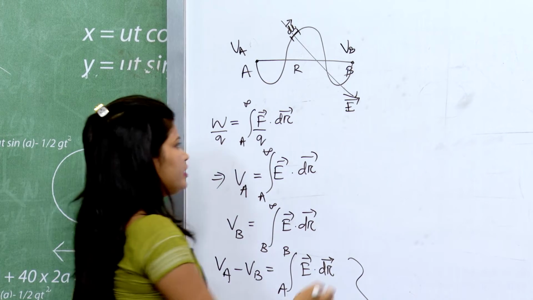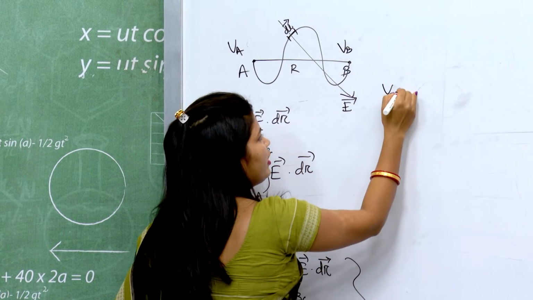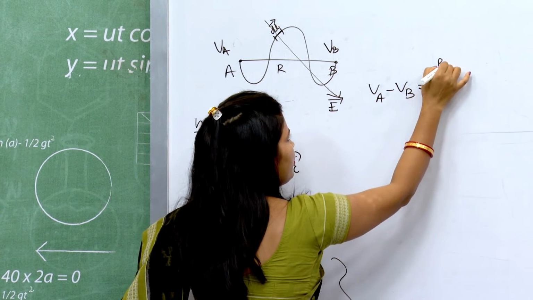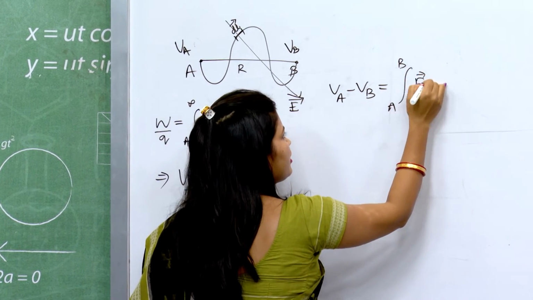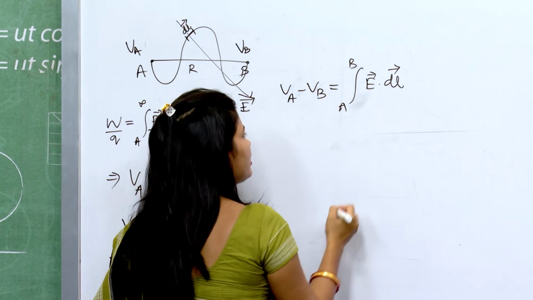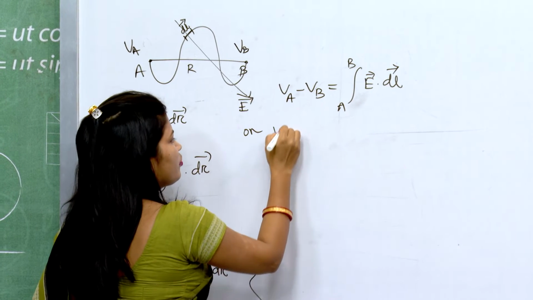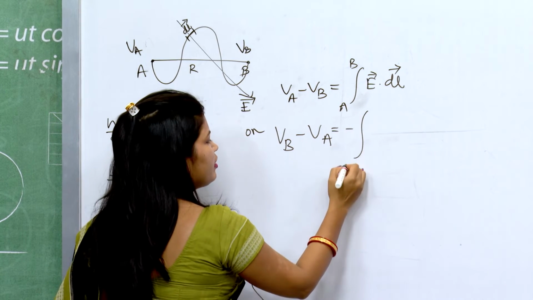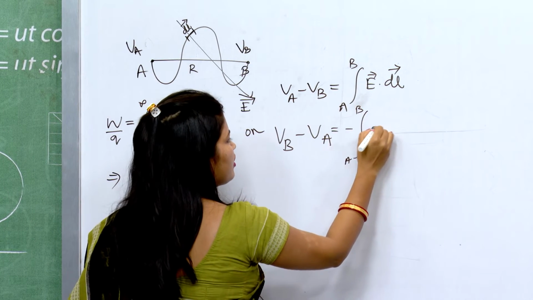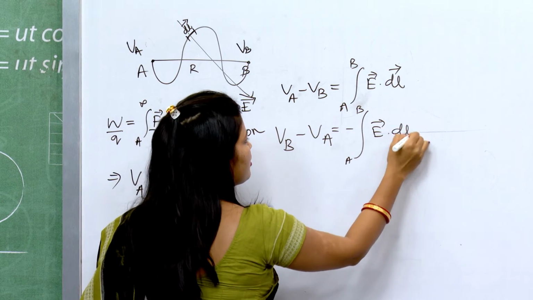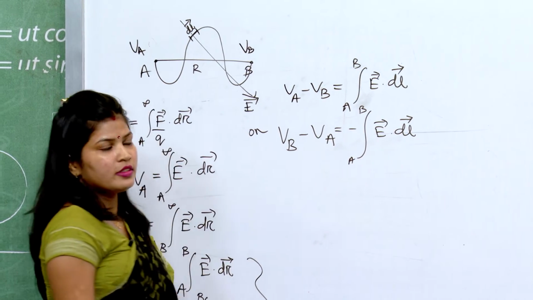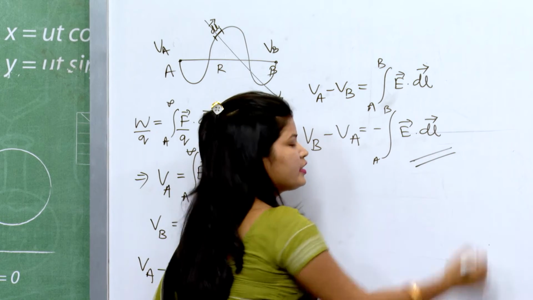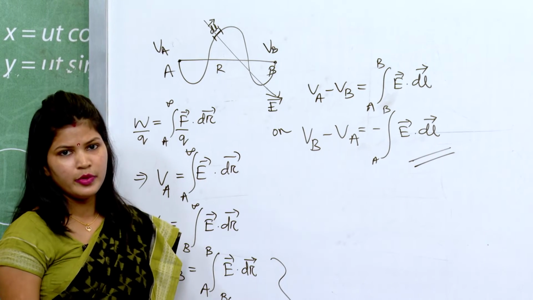Then I can write that VA minus VB is equal to the integral from A to B of E dot dl, or VB minus VA is equal to minus the integral from A to B of E dot dl. Just dr is replaced by dl, and this is the line integral of electric field.